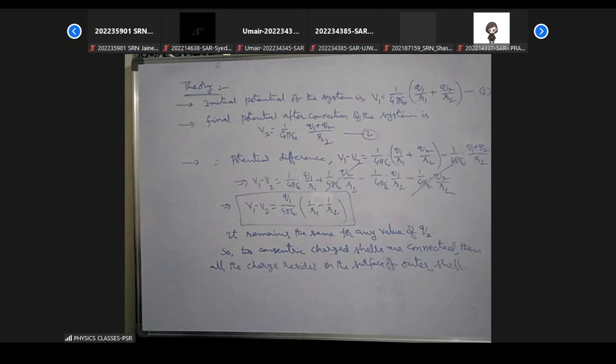If we supply charge to the inner shell, then that charge continuously flows onto the outer shell when they are connected, irrespective of the potentials. That's why the potential of the outer shell is very, very high.